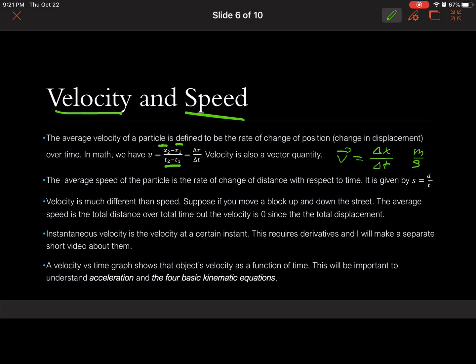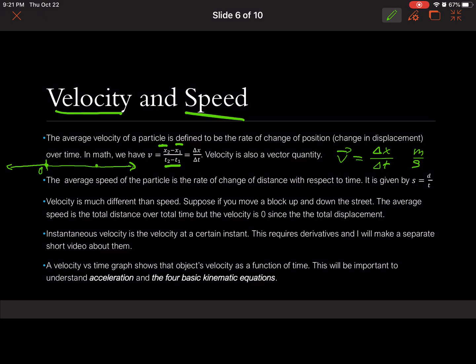So suppose I start at the origin over here. This is the axis that I'm moving along. So I'm just going to give you a simple example of how to calculate velocity. You probably already know, but just in case you don't.